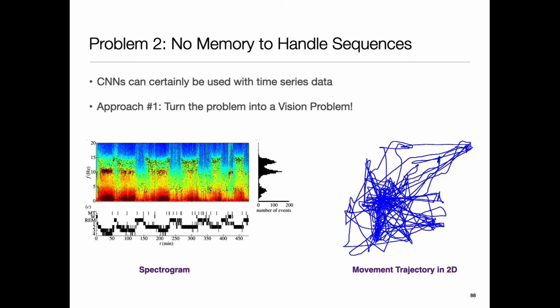It just takes an input, computes an output, and when you give the next input, it computes the next output. It has no memory from one image to another, or one window to another in a time series. Whereas in many applications we have to deal with a sequence of something.